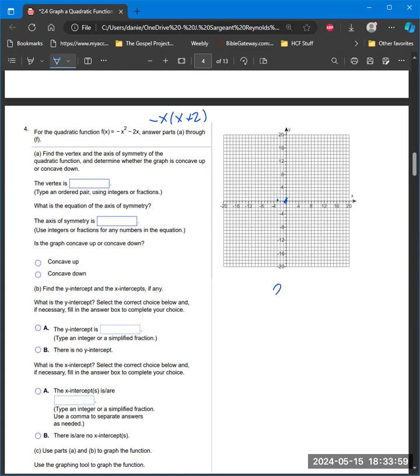And negative b over 2a is 2 over negative 2, which is negative 1. When I stick negative 1 in, that's 1 times 1, which is 1. So (-1, 1), and it's going to open down like that.